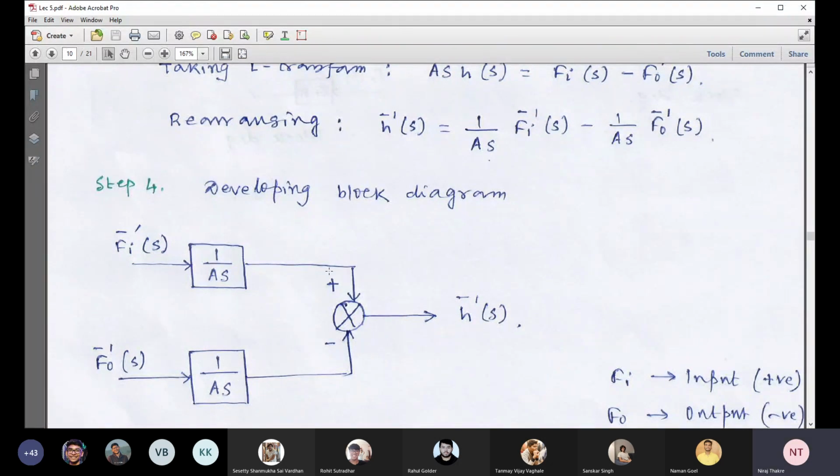The only difference is represented through the sign. Obviously, this is input, so it is positive, and this is output, that's why it is negative. Physically also we understand, and equation-wise also we got this block diagram. Is this fine, students?